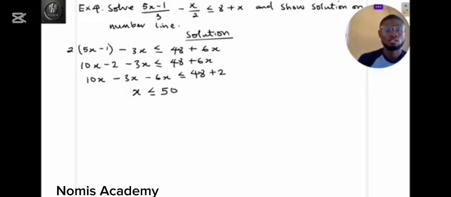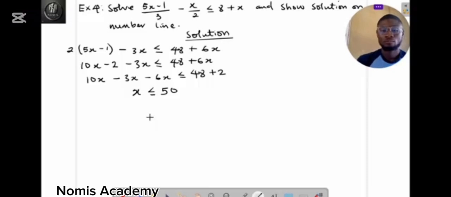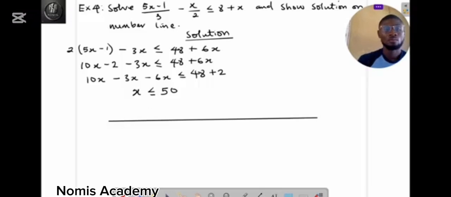Then to represent this on a number line, draw my number line as long as I want.